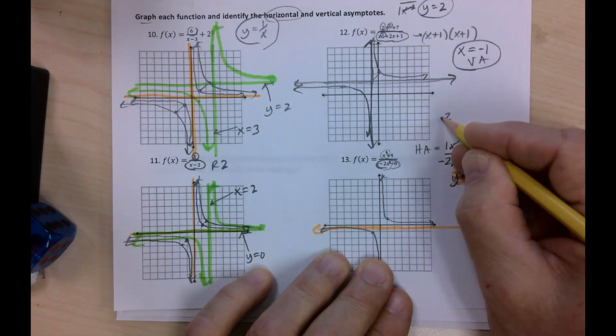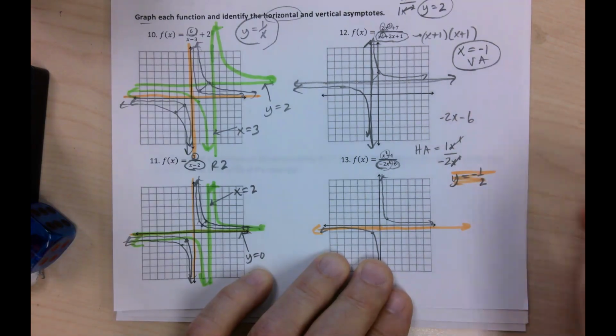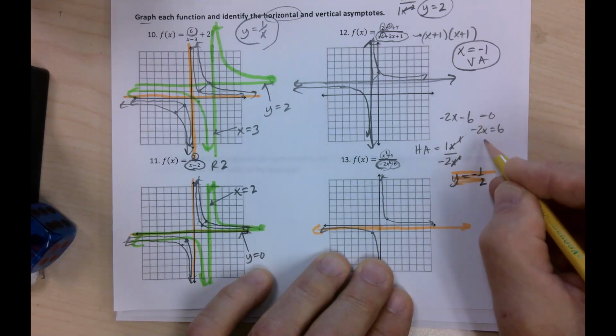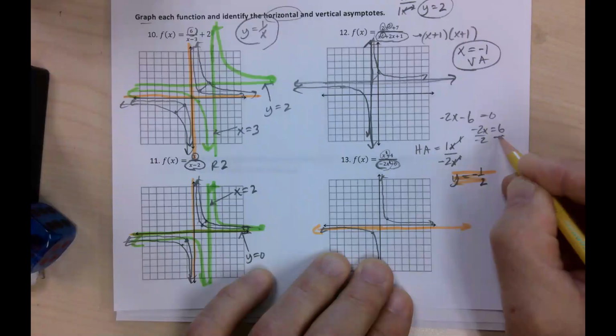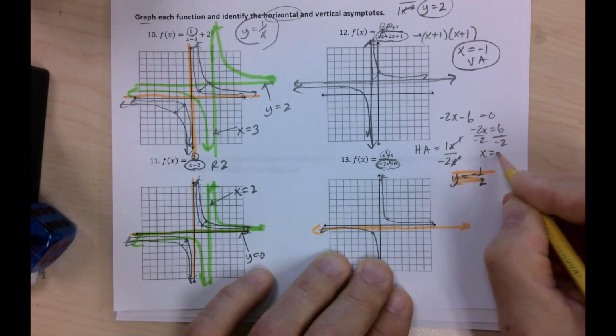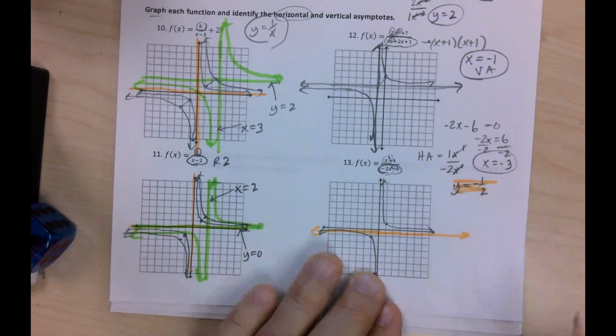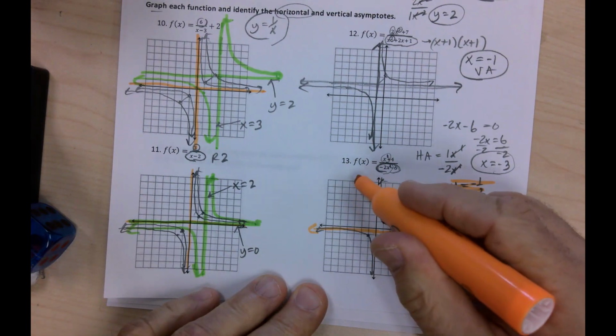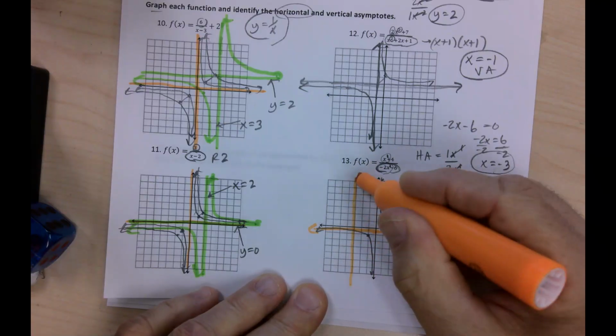So negative 2x minus 6 equals 0. If I add 6 to both sides and divide by negative 2, I get x is negative 3. That's our new horizontal. I'm just going to use orange. X is negative 3, so 1, 2, 3. And there it is.